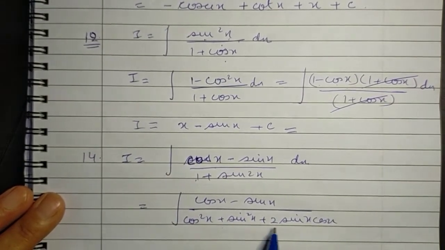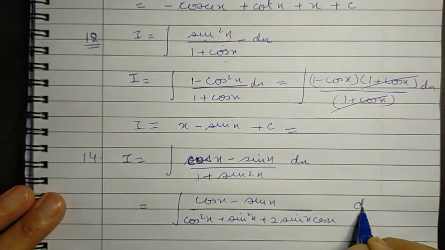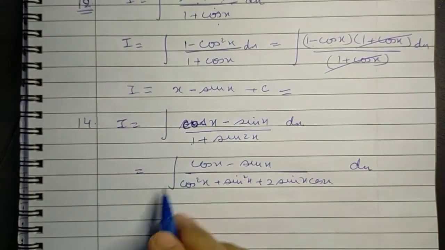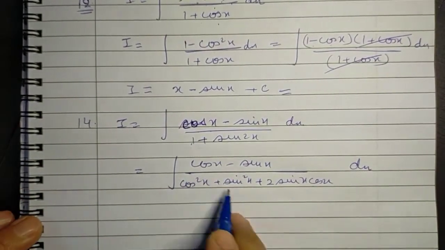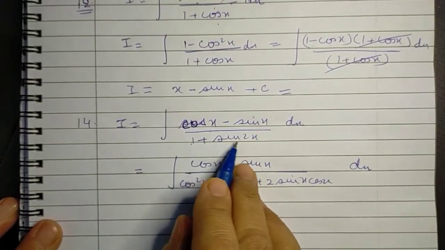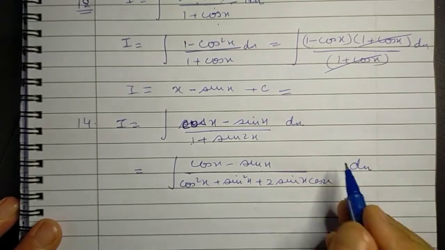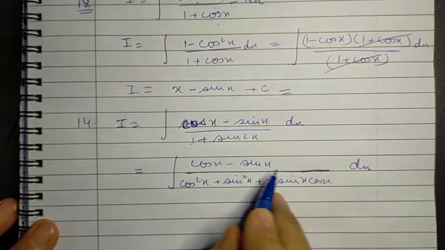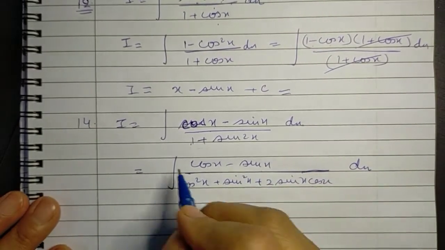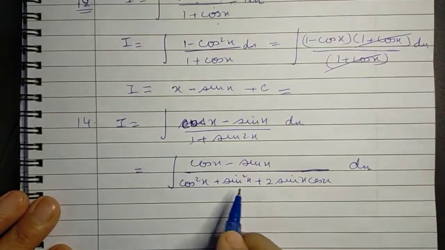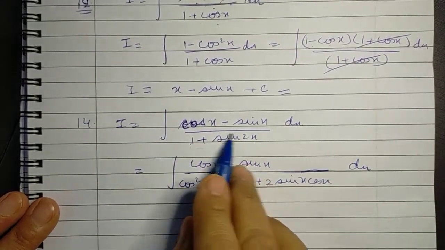So writing it in this form, I am again repeating, this is also one of the ways of doing it. We can do it by other methods also, but this is one of the most useful and easier methods, and we always want to do it this way whenever we have this kind of a question.